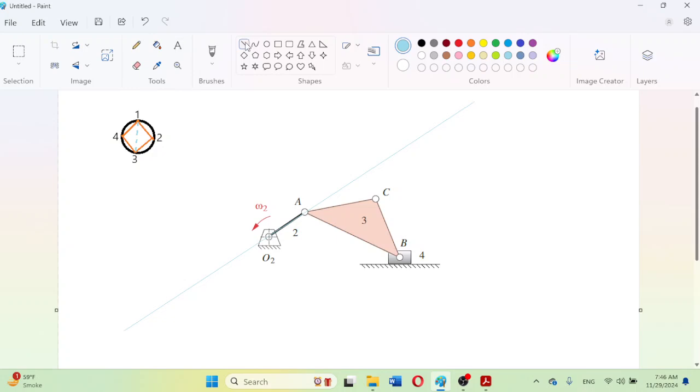As we can observe, instant center 3,4 will be located at this pin, but the instant center 1,4, as it was explained in the class, will be located at infinity, because the effective rocker link, this slider which translates or reciprocates along this horizontal surface, is equivalent to a rocker link of infinite length.